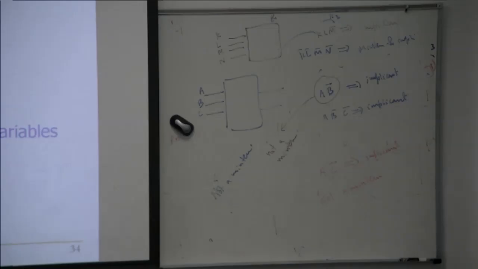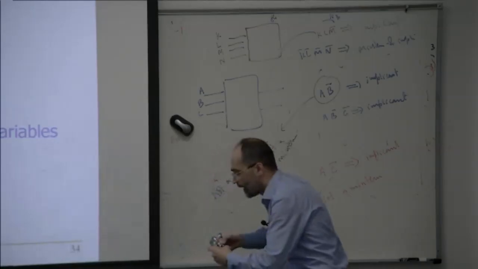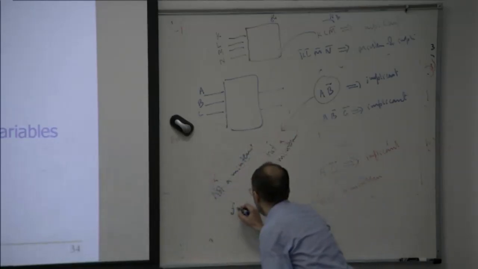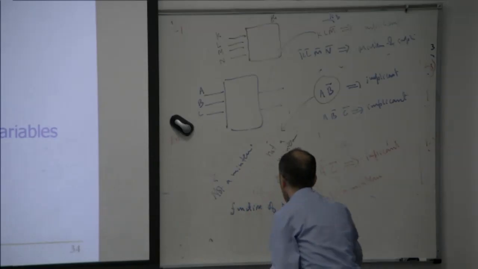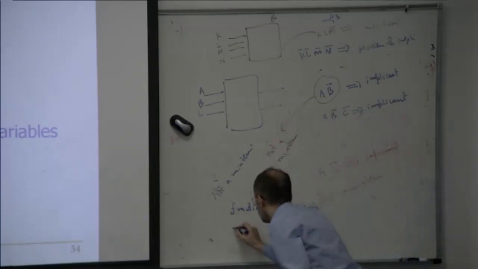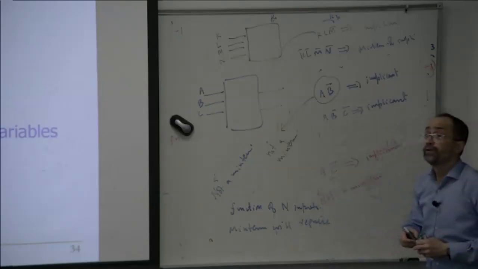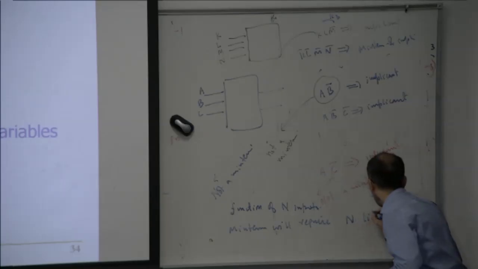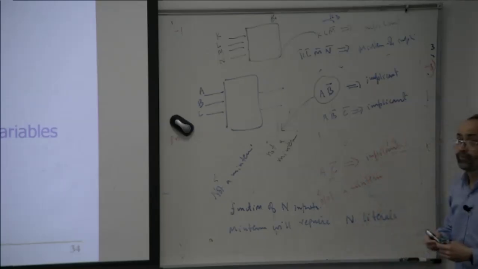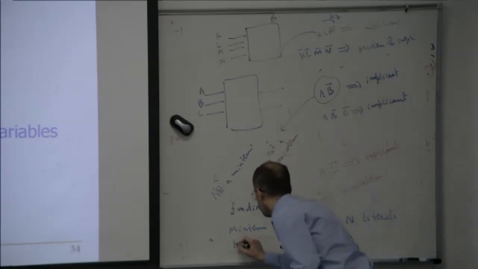By definition, if we have a function of n inputs, the min term will require how many literals? N literals. Or the max term, sorry, not the max term, the implicant.